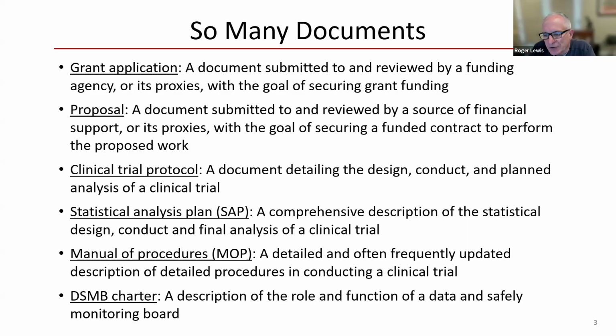In contrast, you have something called a proposal, and by the way, grant application and proposal are not synonymous. It is a document submitted to and reviewed by a source of financial support or its proxies, but the goal is to secure a contract for proposed work. A contract is a much more binding or restrictive relationship with your funder.